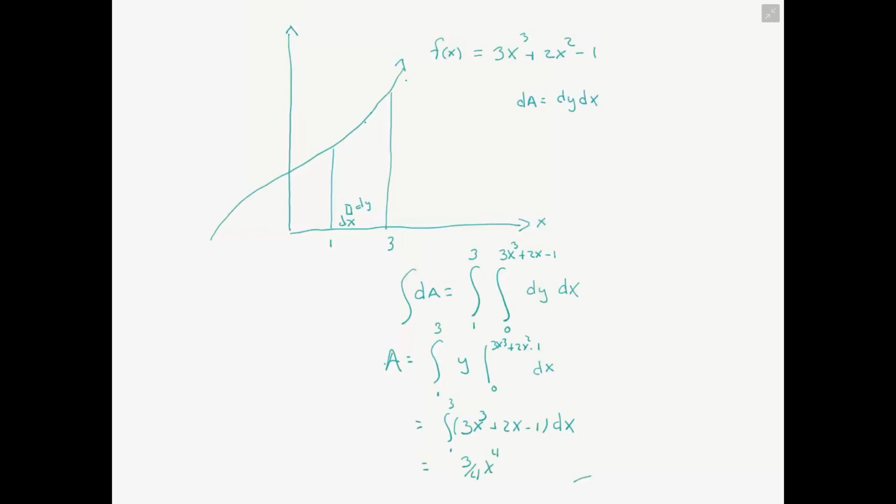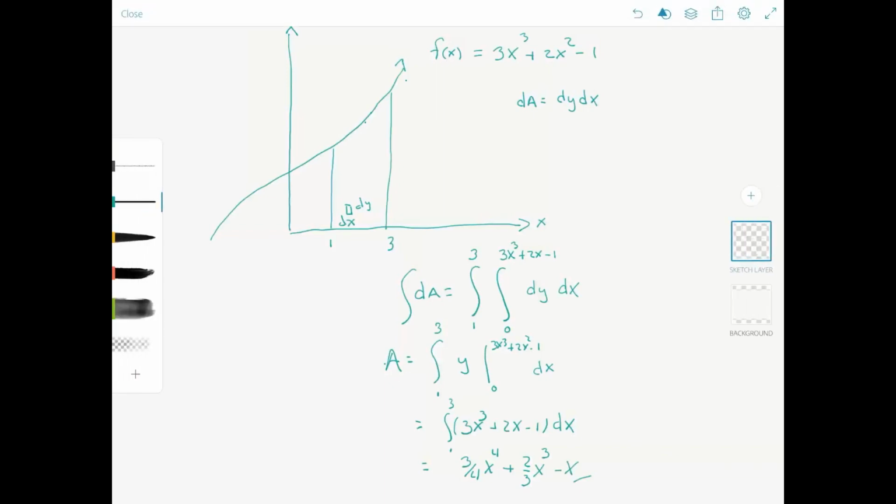And then we have exactly what we had before, 3/4 x to the fourth plus 2/3 x to the third minus x, evaluated.